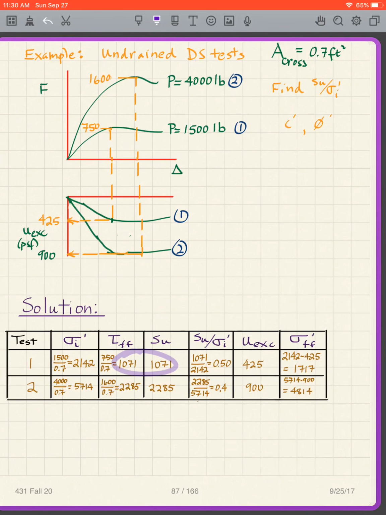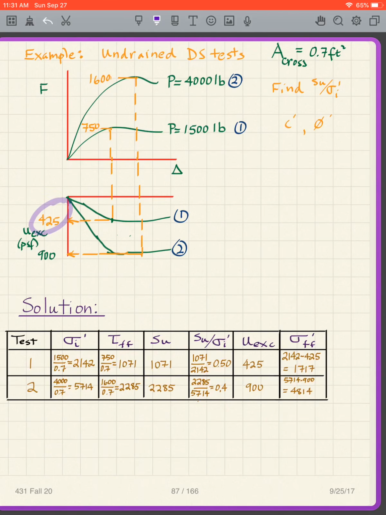Then all I have to do is take my SU over sigma prime I, and in this case they're not as close, 0.5 and 0.4. No matter, we'll just live with that.